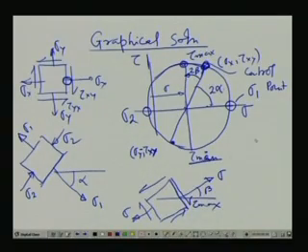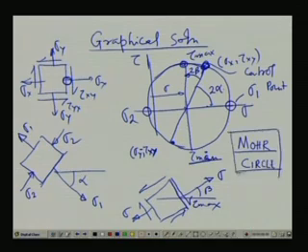Okay. So, this way of plotting a graphical solution, you can get it by plotting, this is called Mohr circle. This is a very useful way that if you wish to use a graphical solution, then you can do it as I have described it here.